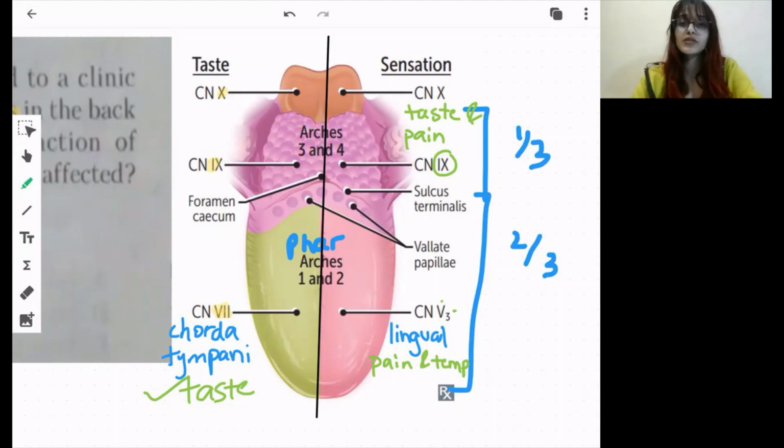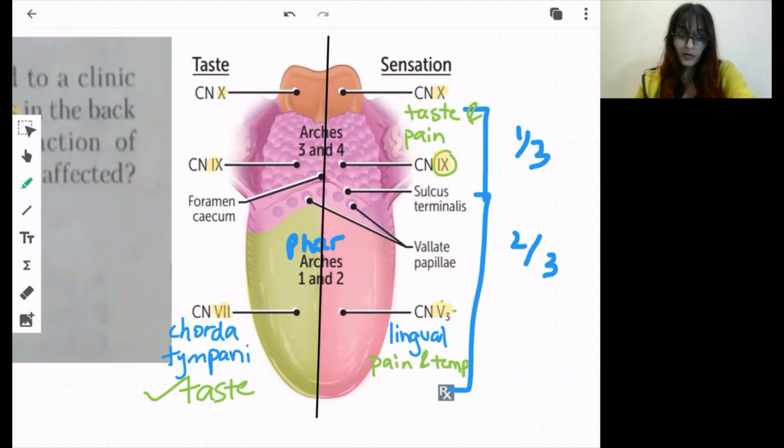If they have written posterior, always go for the glossopharyngeal nerve. And here the sensation on the anterior 2/3 is by the lingual branch of the mandibular branch of the trigeminal nerve, and the sensation on the posterior 1/3 is again by the glossopharyngeal nerve, and in the extreme posterior it is by the vagus.